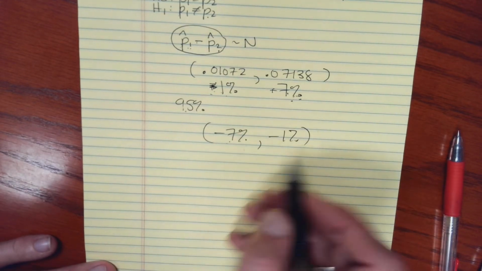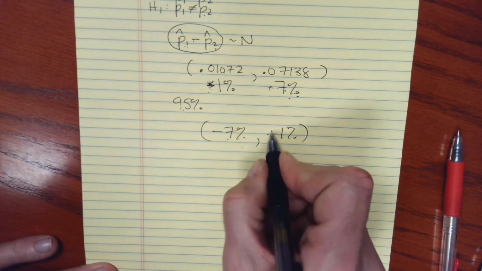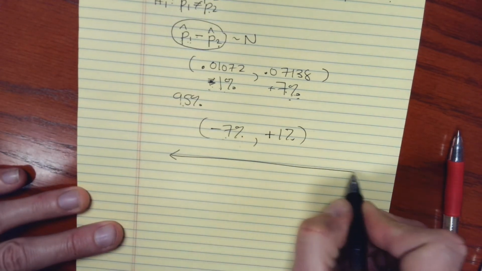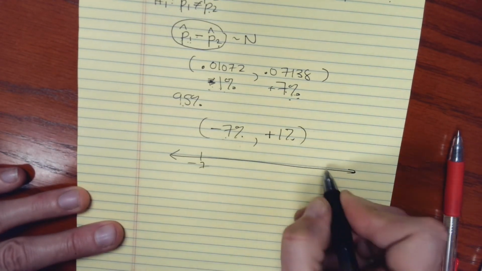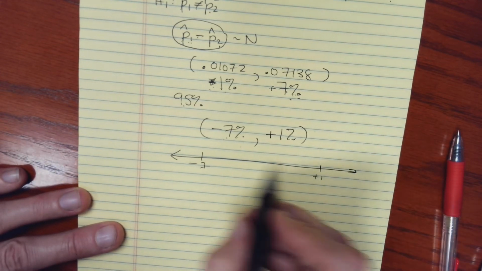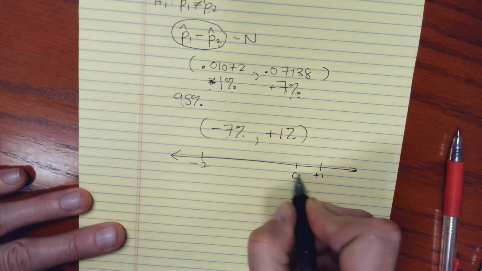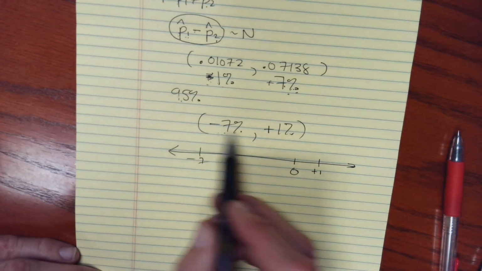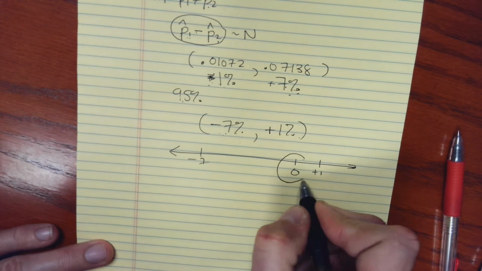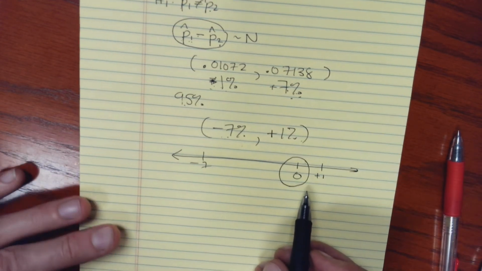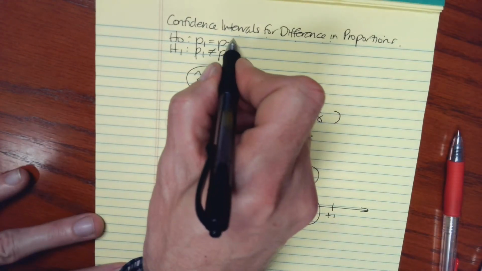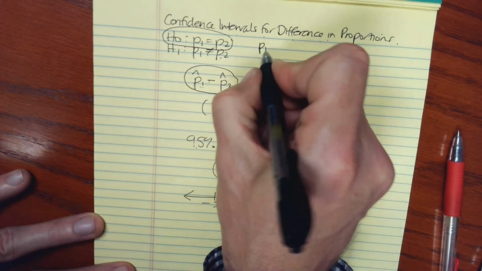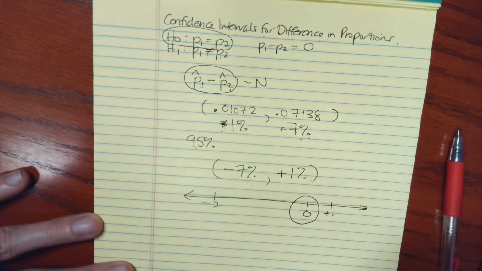Now, the interesting thing happens when one of these is negative and the other is positive. So notice now that the interval, if you think about it, here's negative 7 and here's positive 1, included within this interval is 0. So if your confidence interval includes 0, basically what you're saying is that it's possible that these values are the same, and therefore, when you take P1 minus P2, one would get 0.